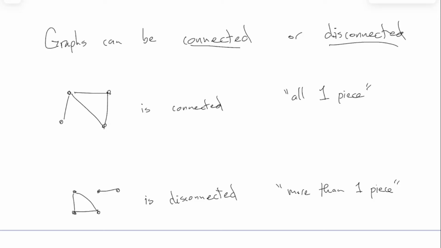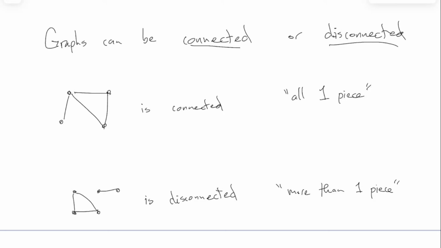That's the idea behind connected versus disconnected. I hope everybody agrees this is a simple concept. But it is not simple, actually, to write down an actual definition of what this means.